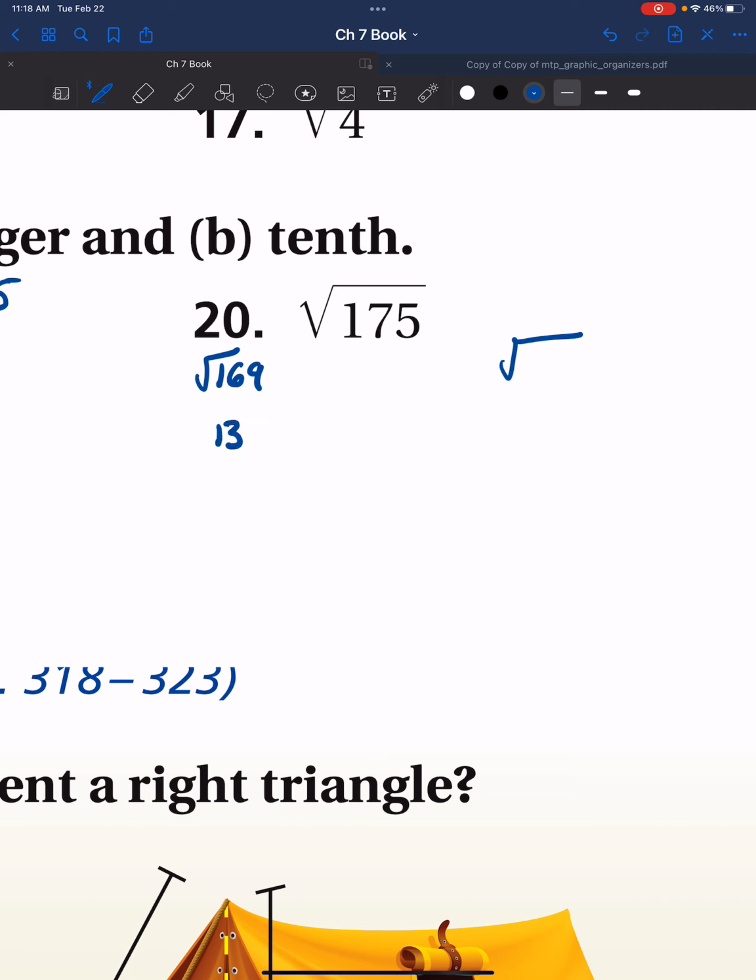So now, what's 14 squared? Because that would be the next number besides 13. 196. So I think that would be the next perfect square. Is 175 closer to 169 or 196? Okay, so I'd say the square root of 175 is approximately 13.